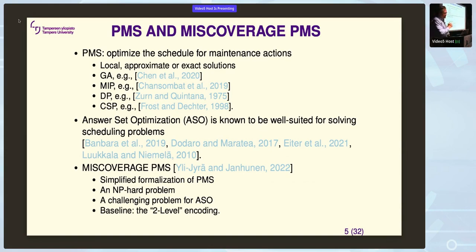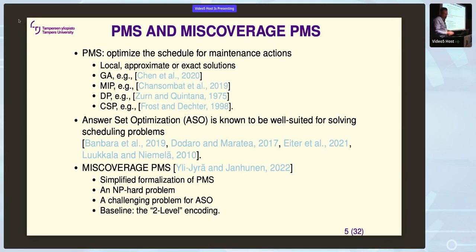Then just recently, with one of the co-authors, we formalized so-called miscoverage preventive maintenance scheduling, where we have a particular kind of objective function, based on a simplified formalization of the problem.